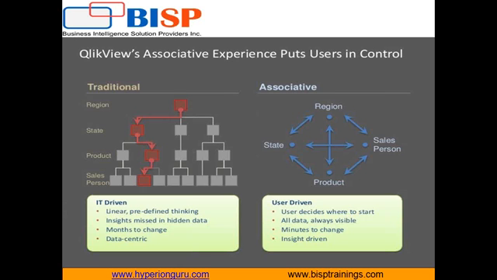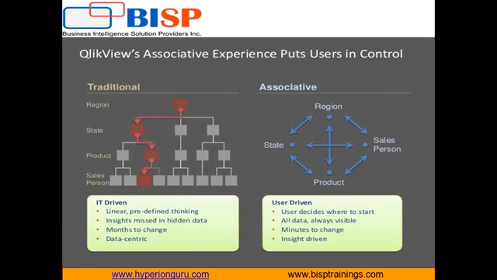Whereas if you look at the associative model in QlikView, it is more user driven. The user decides where to start, where to end and how to move around the data. The user can start from the region or from the salesperson, product or state, and can touch each of the other dimensions to read whatever information is required, and can drill down to get granular level information as and when needed.